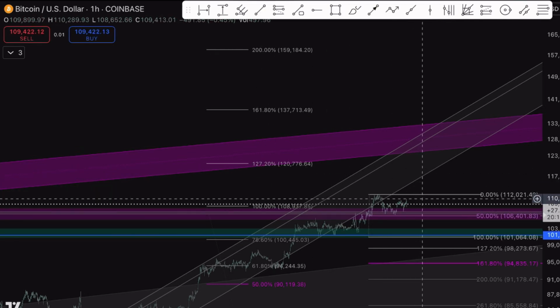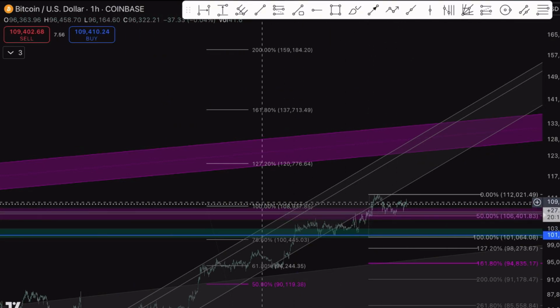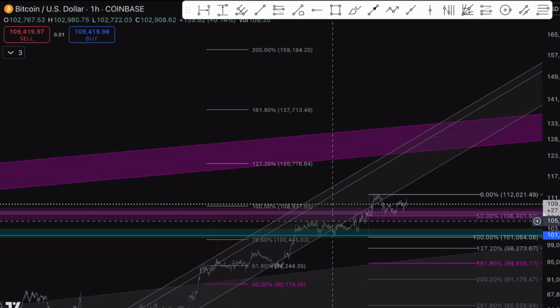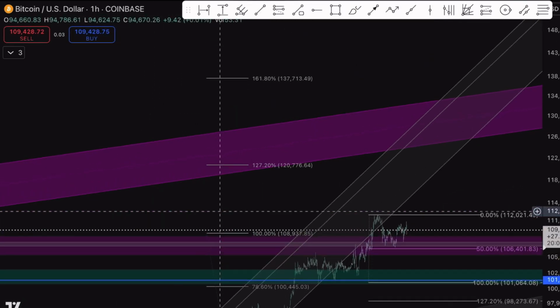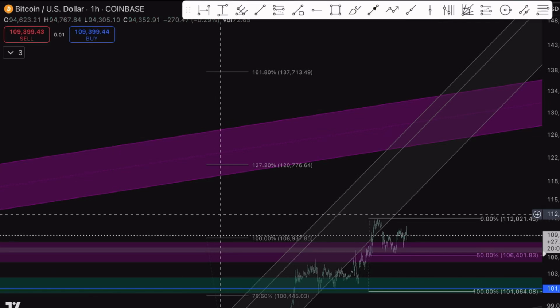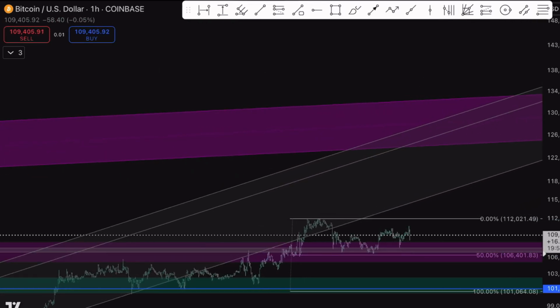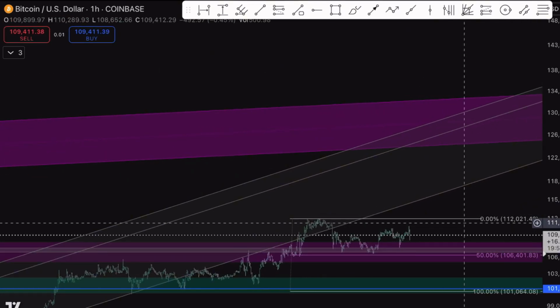If it can make this a support area, which used to be a resistance, right? It used to be a major resistance. That's why I use a pink color to show, but it might actually convert to a support. And that's why I want to know, is it going to go above this candle? If it does, it's probably on its way up.